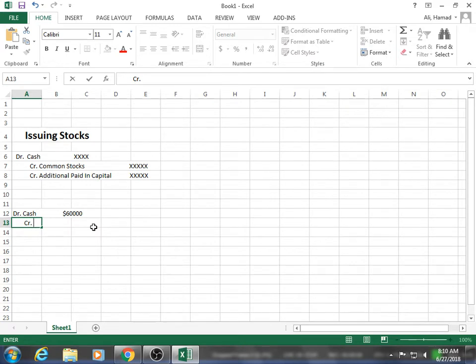The common stock, at par value. For how much was the par? $10. They issued 5,000 shares at $10 par value, so that's going to be $50,000.